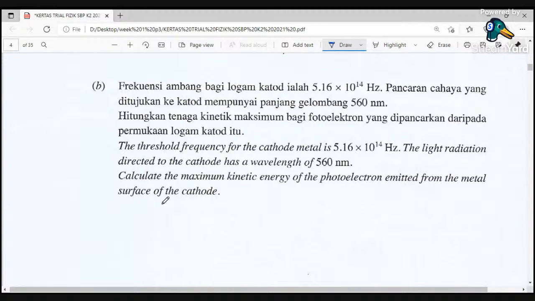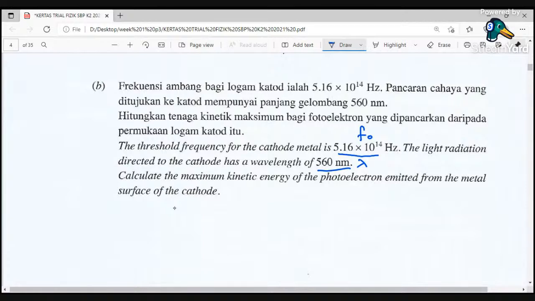The threshold frequency for cathode metal is given. This is F0. The light radiation directed to the cathode has a wavelength of 560 nanometer, lambda.